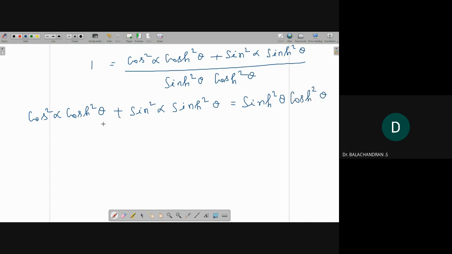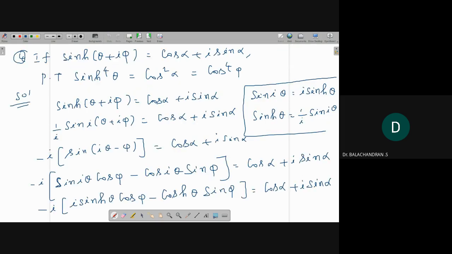Okay, so now we have everything. Now again look here, we have sinh power 4 and cos square alpha.